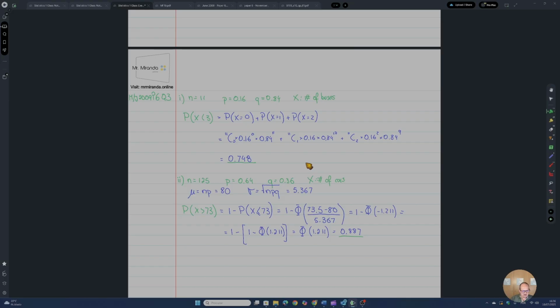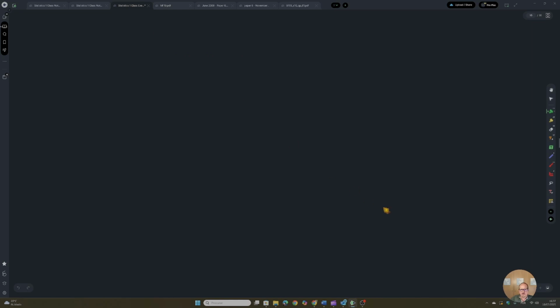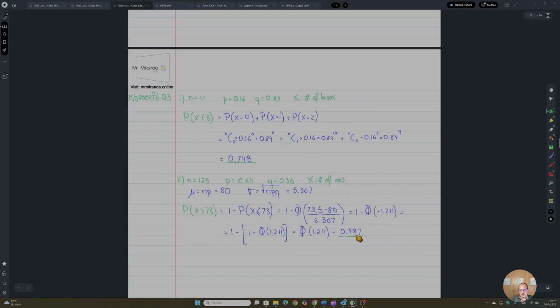Let me just check, yes, I was looking at the wrong place. The z value is 1.211, so it is 0.8869, add 0.0002, so it will be 0.8871. That is 0.887 rounded to 3 decimal places.